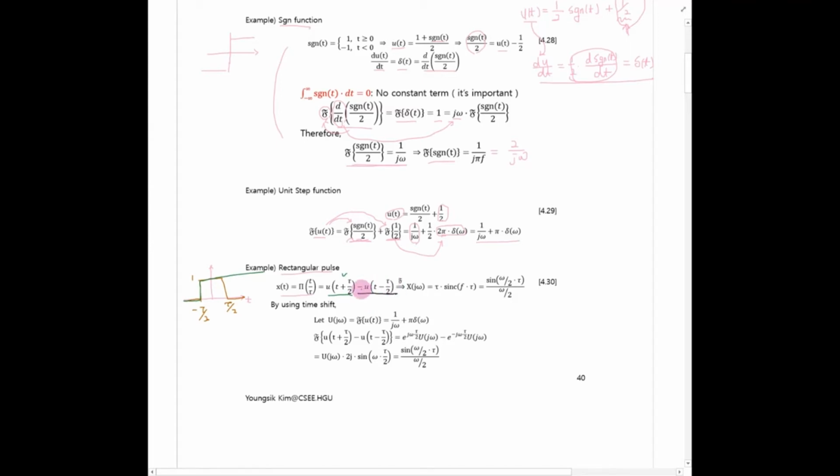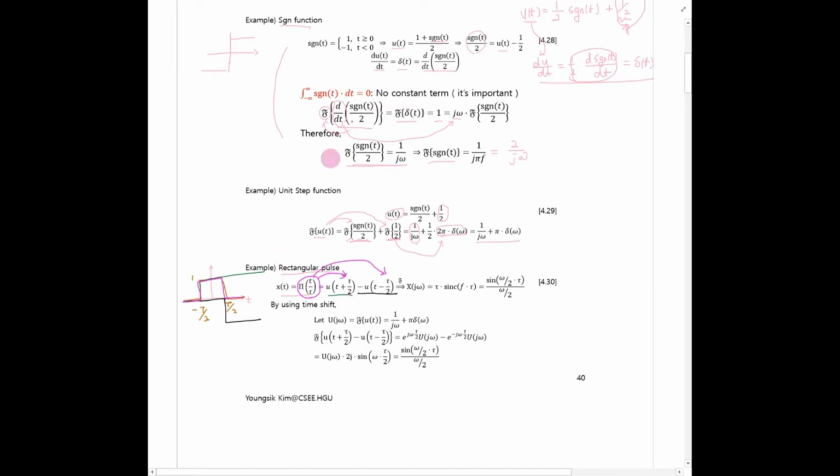The minus means the opposite direction, and t minus tau over 2 means a time shift of tau over 2. So this curve shows this kind of function. By superposition, the final pulse shape is given like that, the same as this one. So this is a rectangular pulse. A rectangular pulse can be decomposed into two different unit step functions.